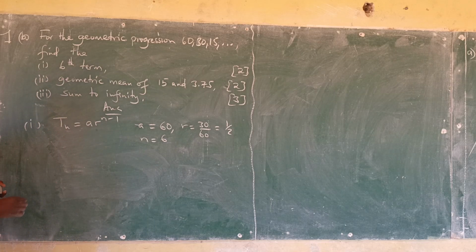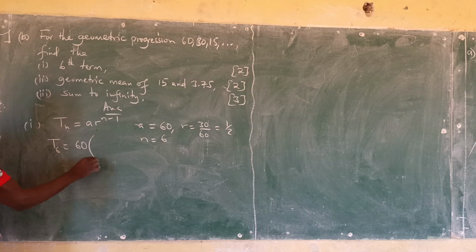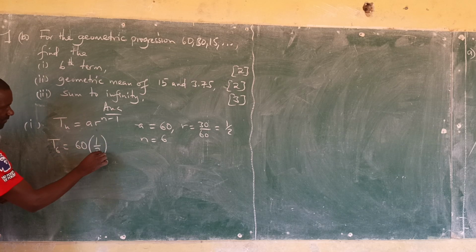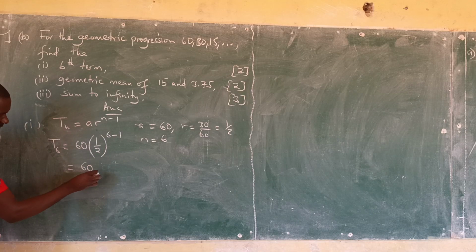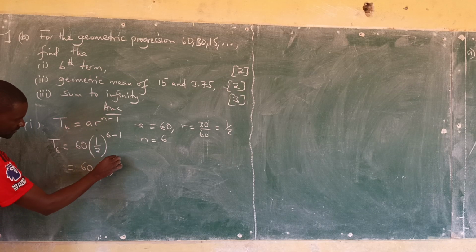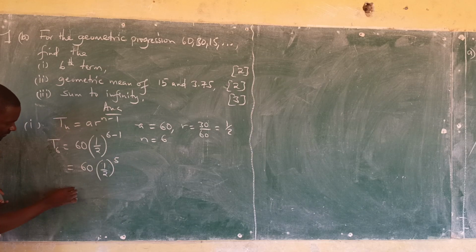And so we substitute, we'll say T6 is simply equal to A, 60, and then our R is half. We raise it to power n minus 1, which is 6 minus 1. So this one gives us 60 times half to the power 5.